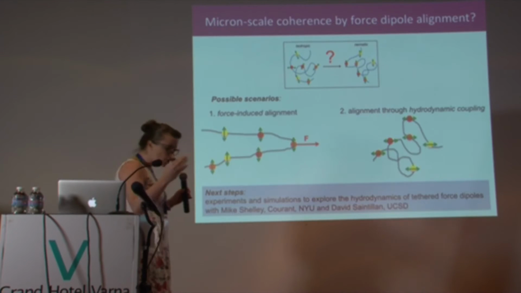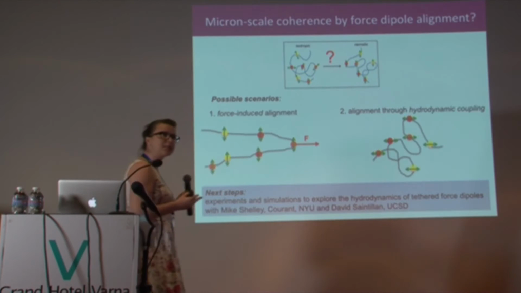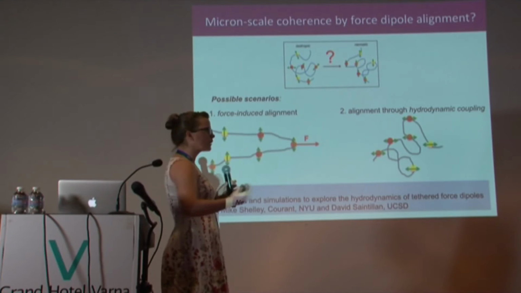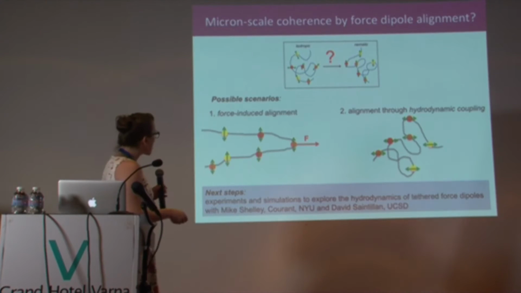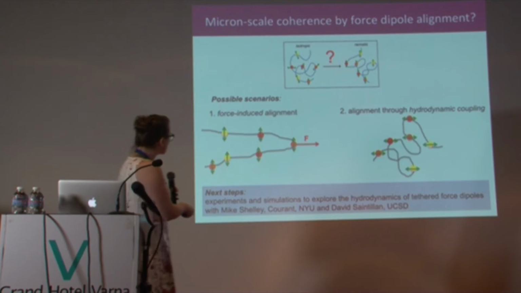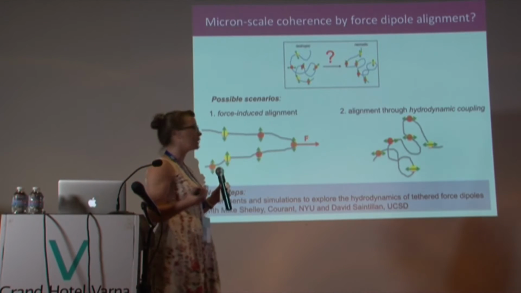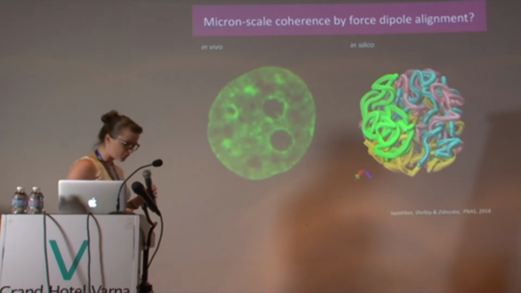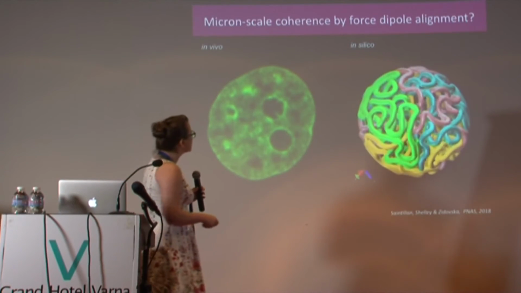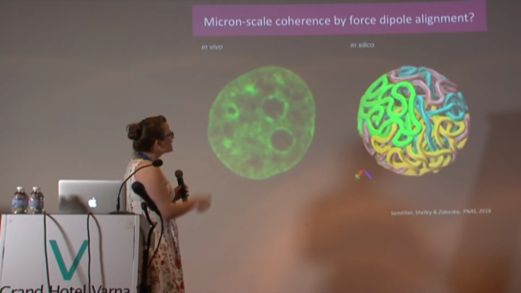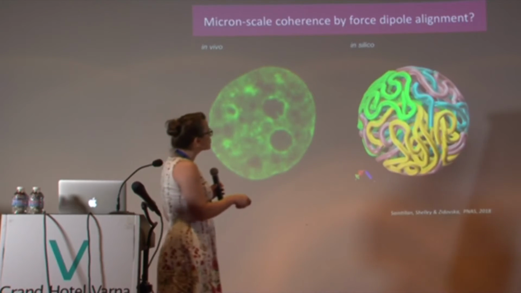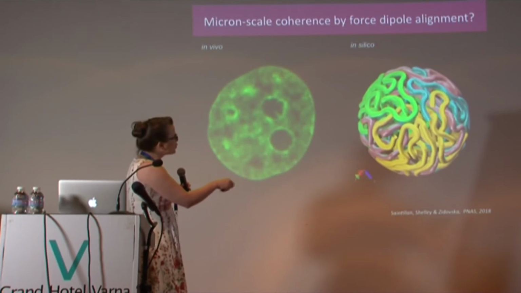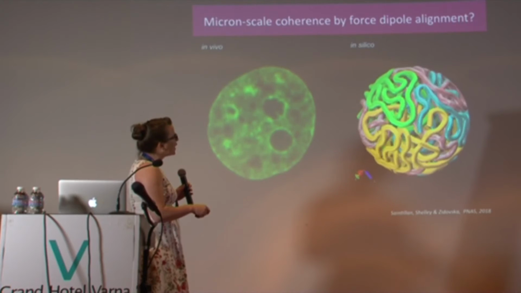So we started to explore this both experimentally as well as with simulations, to look into what role the hydrodynamic coupling plays. Specifically for the simulation, we started to collaborate with Mike Shelley at Courant at NYU and David Santillan at UCSD. And this is one of our very first movies, where you can see an in silico nucleus where you have 4 chromosomes, 4 chains swimming around, which are interacting via the nucleoplasm.